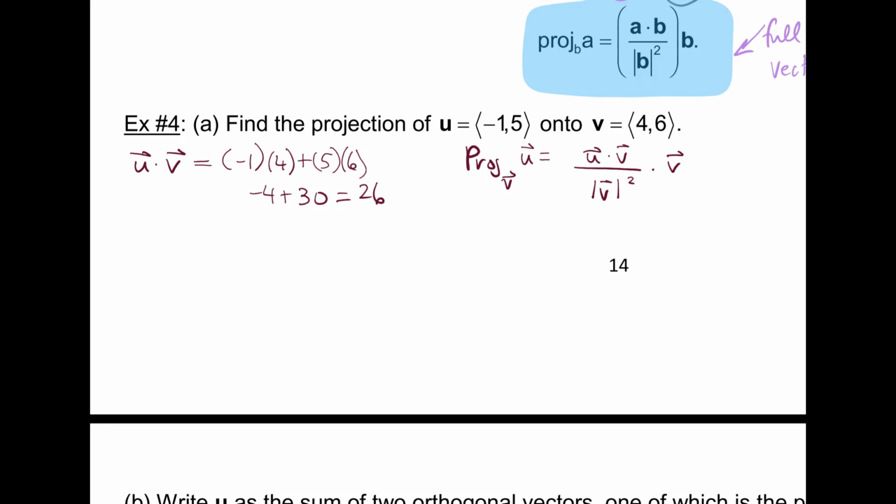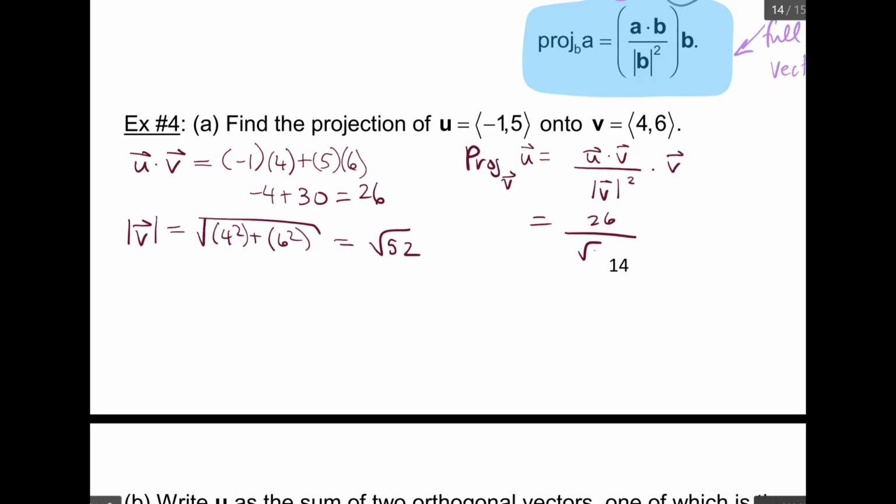So I need the magnitude of v. It's just going to be the square root of 4 squared plus 6 squared. 36 plus 16 is going to be the square root of 52. If I plug this all in, I have 26 over the square root of 52 squared, times the vector 4 comma 6.